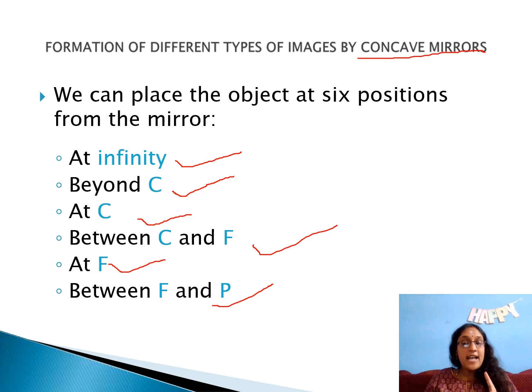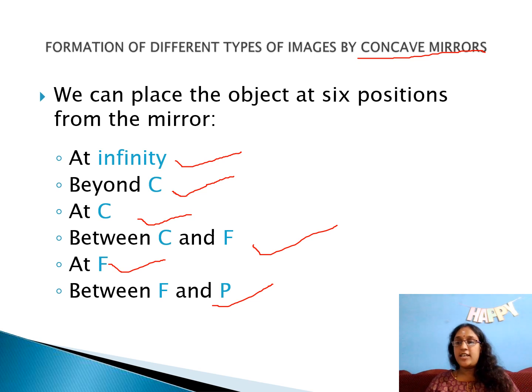The principal axis is always denoted by XY, because it's an axis, and your pole is only denoted by P. You should not get confused: P for pole and XY for principal axis. So these are the six positions in which the object should be placed, and the corresponding image we will obtain.